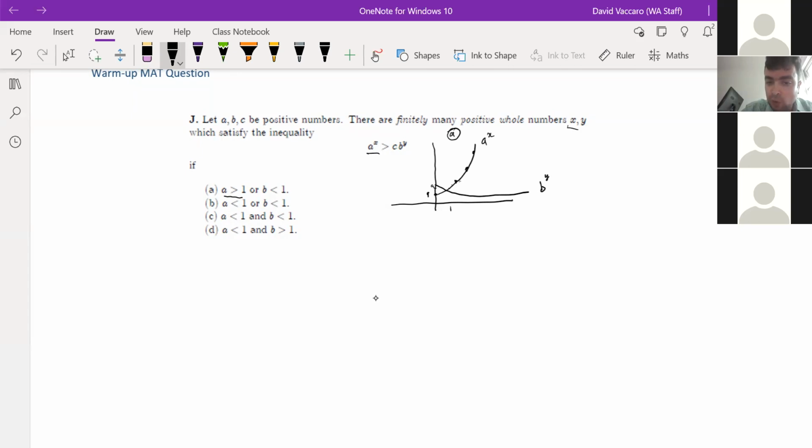For example, the way I've drawn it here, a cubed is going to be bigger than b^4. It's also going to be bigger than b^5, then b^6, then b^7, then b^8, and so on. So in part A, the a to the x function is very often going to be above the b to the y function. Every pair of integers, every x and y pair, where the x is on the a^x curve and the y is on the c b^y curve and a^x is above c b^y, is going to be a solution. So A is definitely not the right answer.